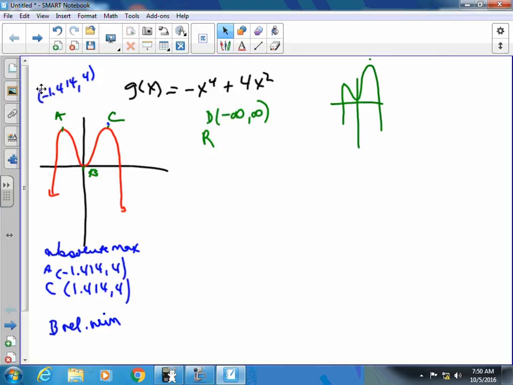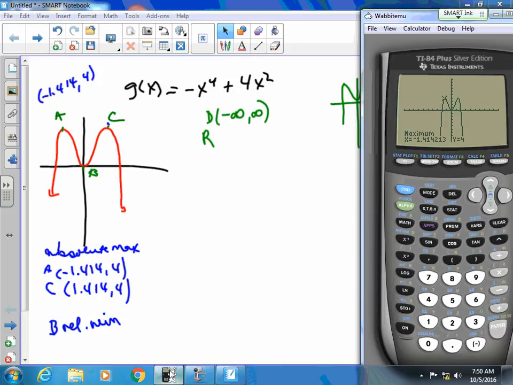Remember, sometimes your calculator does weird things with the 0, such as probably when you do this minimum. These are both zeros.